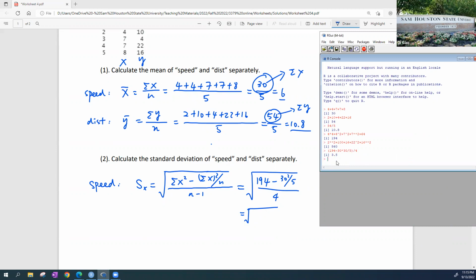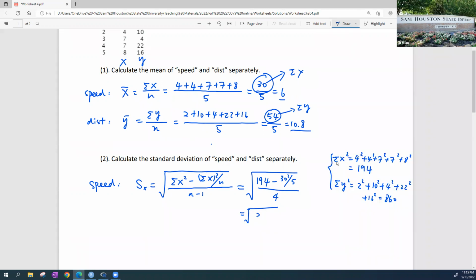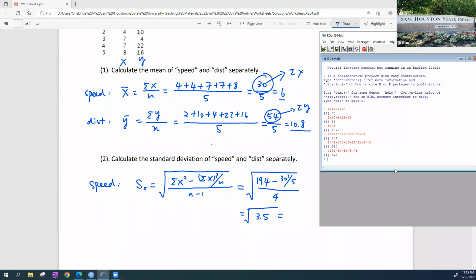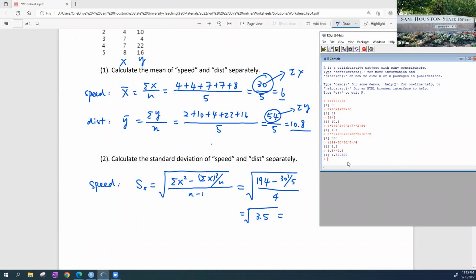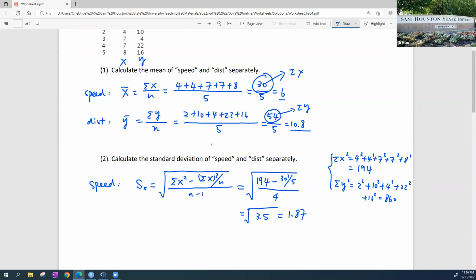So we got 3.5. Then we have the standard deviation: take the square root of 3.5, which is the power of one half, which is 1.8708. That's the standard deviation of x.